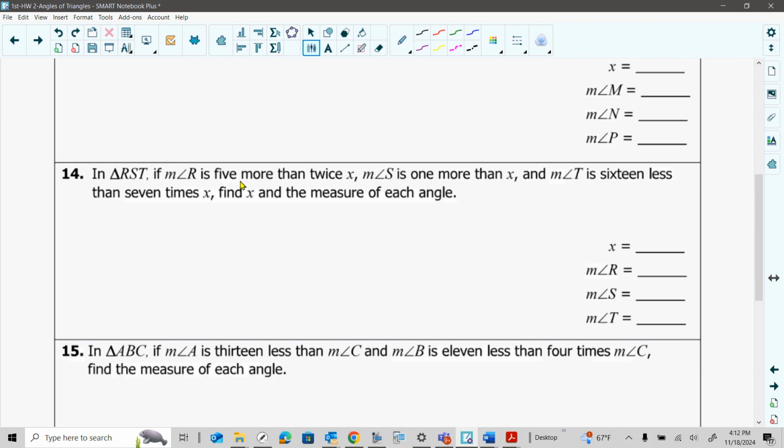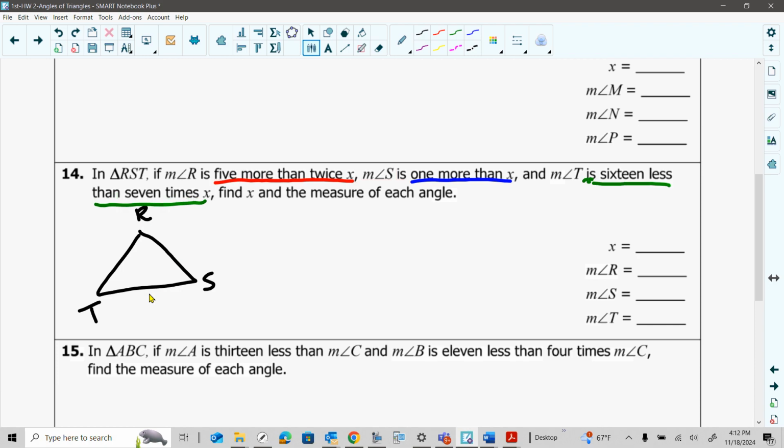It's number 14 where you have to recognize some key information. So right here, it says R is 5 more than twice x, S is 1 more than x, and T is 16 less than 7 times x. You might want to draw a picture of the triangle RST. I'm starting with angle R, 5 more than twice x. So twice x would be 2x, 5 more than that would be plus 5.